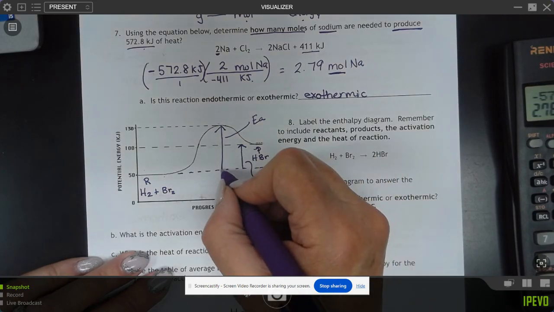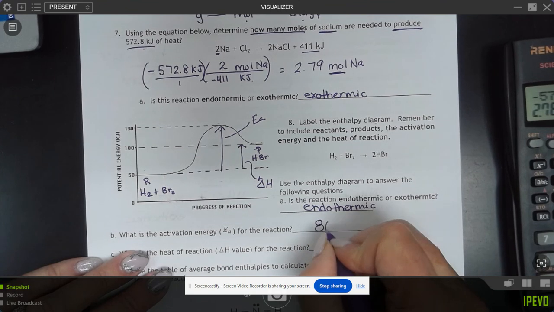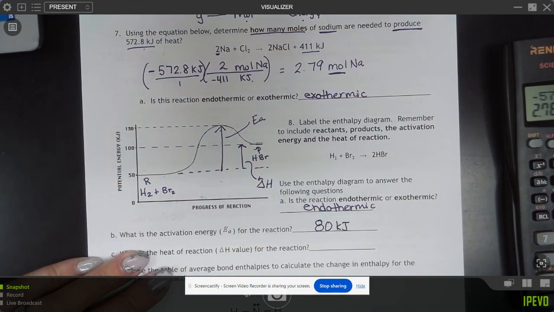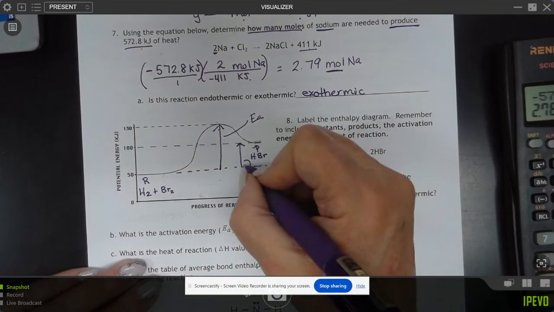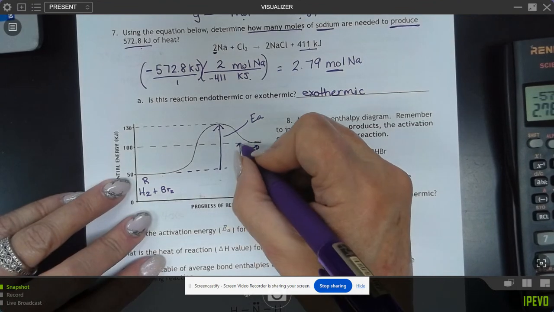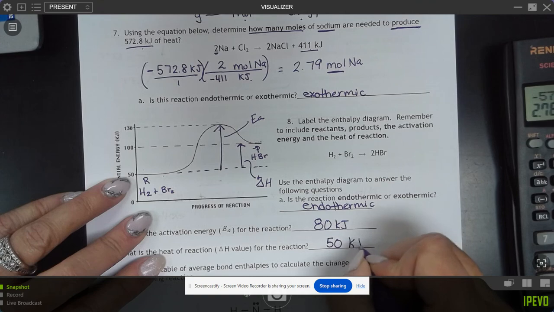The activation energy is the difference between 50 and 130, so 80 kilojoules. All right, what is the heat of reaction, delta H? What's the change in enthalpy? We're going from 50 to 100, so that's going to be 50 kilojoules.